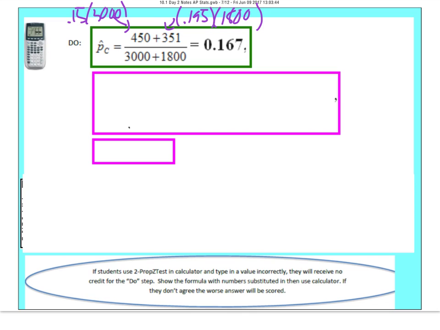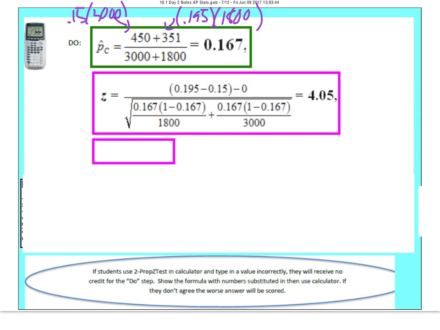Now, if you write out the actual test statistic, which we're going to use to find our probability, the z-score is p hat 1 minus p hat 2 minus our hypothesized difference, which is 0. Then notice the pooled proportion. This is the exact same for both of the 2 samples. The only difference for the standard deviation is you put the corresponding sample size for each of the 2 samples.